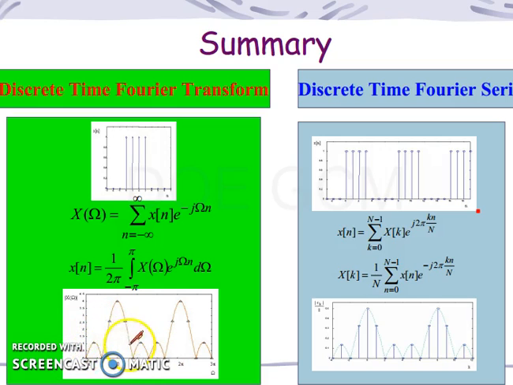What we will do is sample the signal in the frequency domain, whereas in all these cases we sampled the signal in the time domain. The resulting transform is the discrete Fourier transform. We'll now see how the discrete Fourier transform works.